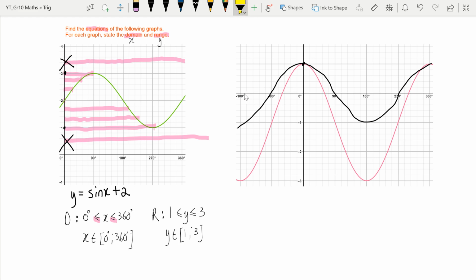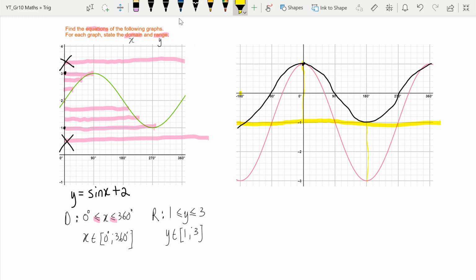Well, the x-axis is always, like for the basic graph, the middle of the graph, right? But that's not the middle of the graph anymore, because it seems like this is now the middle of the graph. Let's think about the pink graph. Do you see what I mean? Because the distance from there to there and the distance from there to there is the same.